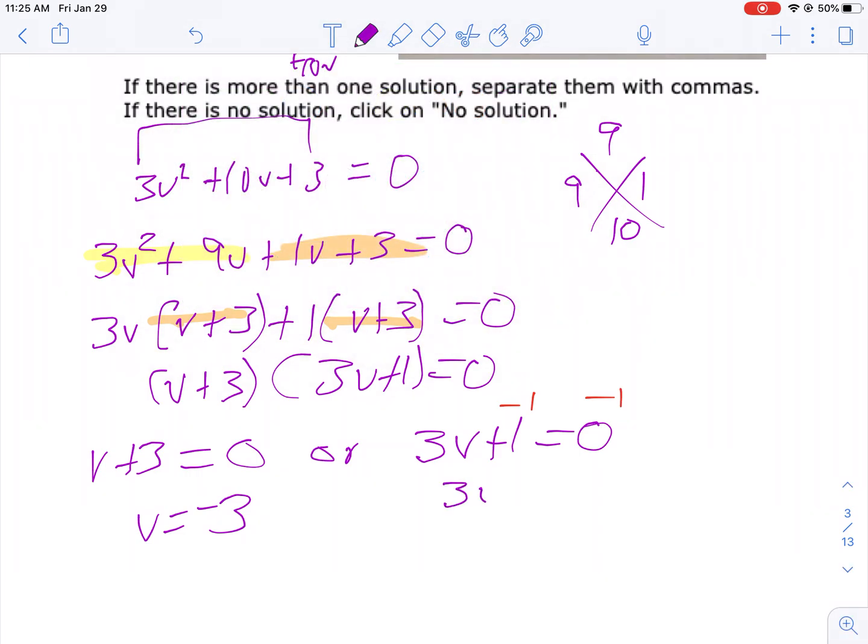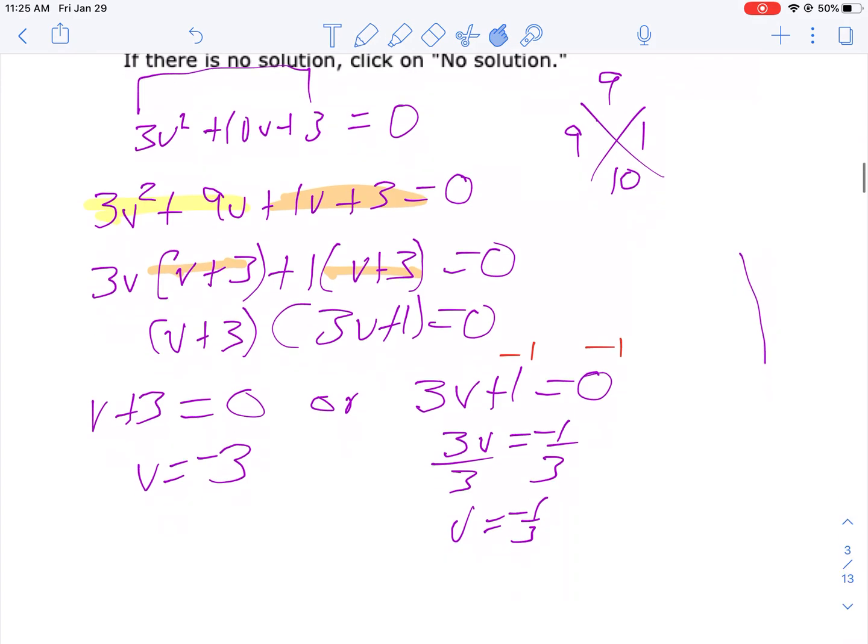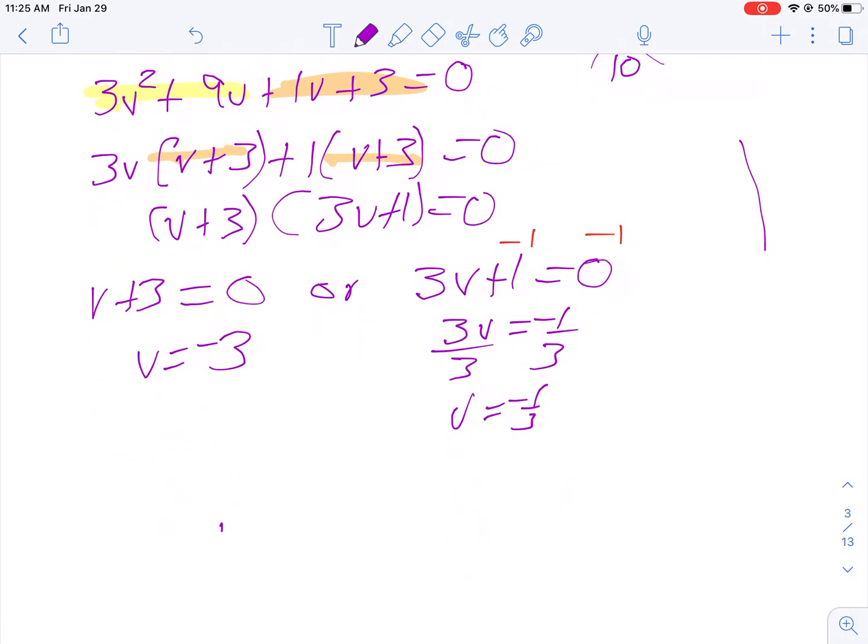So then we get 3v equals negative 1. Then I'll divide both sides by 3 to get v by itself, so v equals negative 1/3. When you type this answer into Alex, you're going to say v equals negative 3 comma negative 1/3. And that's your answer.